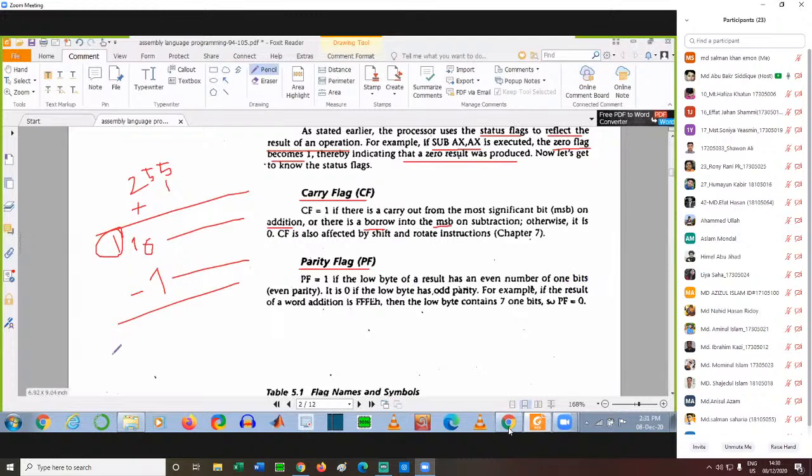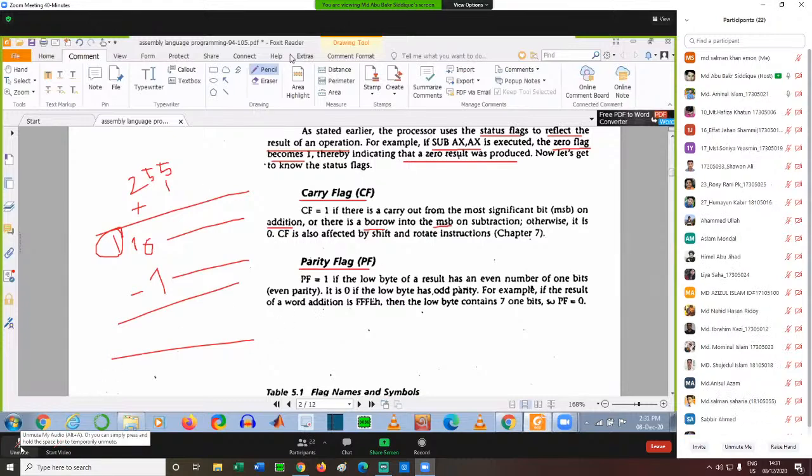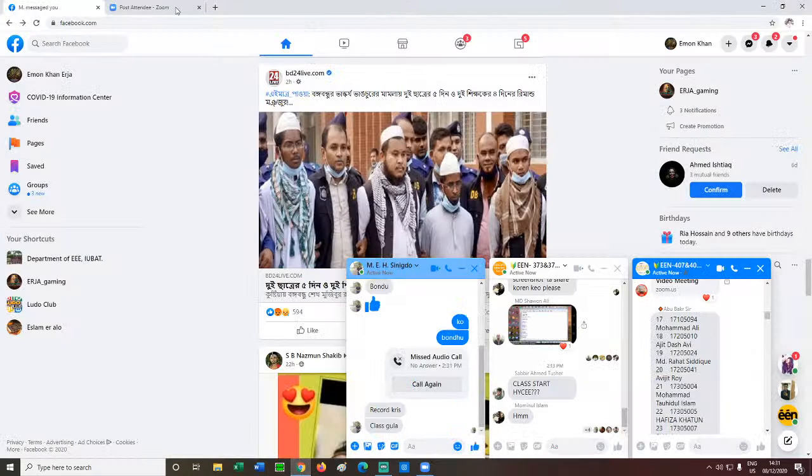Suppose you did some operation, maybe addition, subtraction, multiplication or division, it does not matter. The thing is, you get a result. If it is 16 bit, how many bytes do we have in 16 bit? 2 bytes, right.